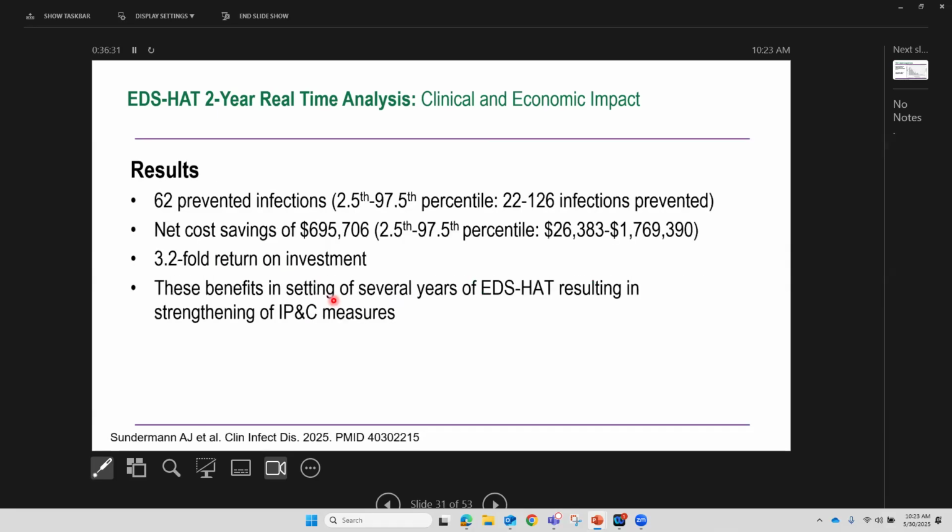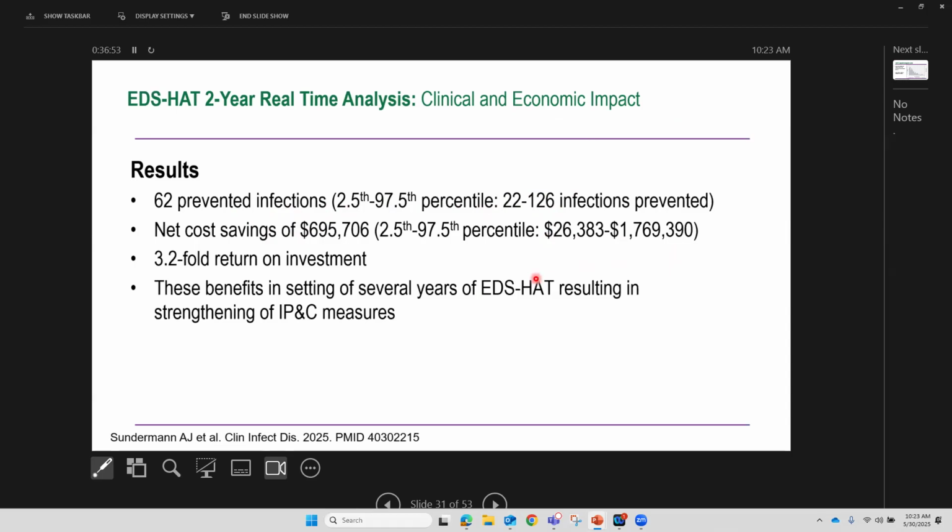So what was our finding? We estimated that we prevented 62 infections during the time period with a range of 22 to 126. Net cost savings very similar to the retrospective period, about $700,000 with a range of anywhere from $26,000 to $1.8 million.